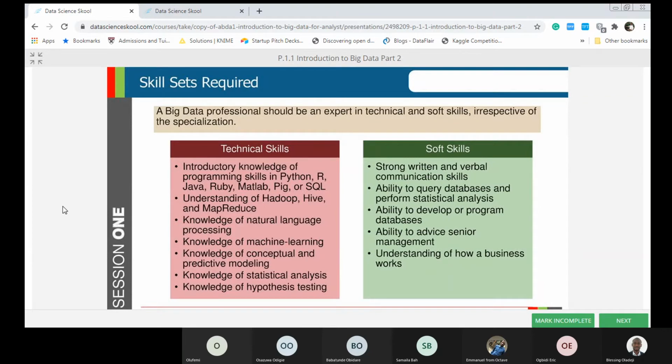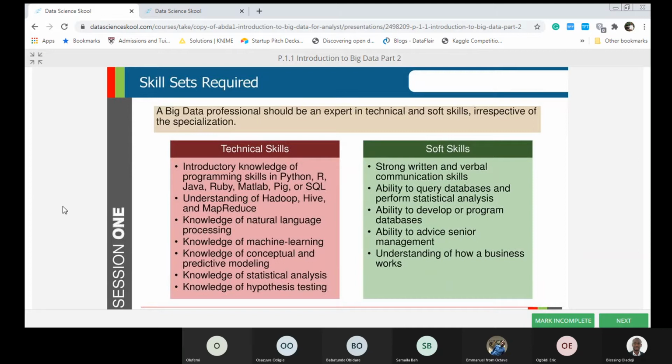Then in terms of soft skills, it's very, very important that anybody taking this course has good communication skills. You need to be able to communicate your findings. Even after doing all this predictive modeling, the person you want to communicate it to is probably the MD of your company or maybe some set of investors.